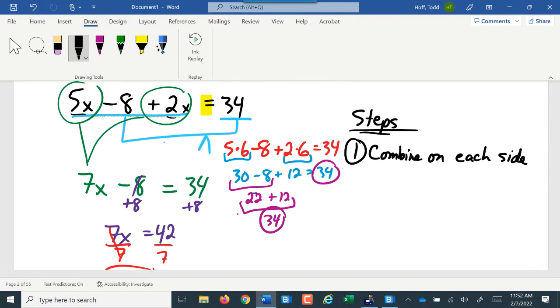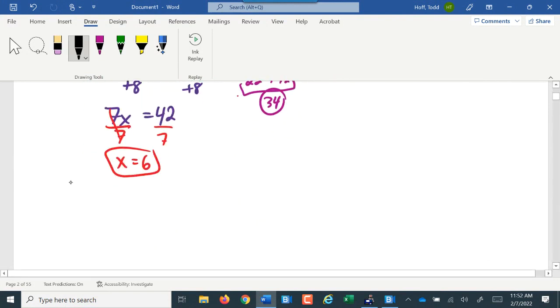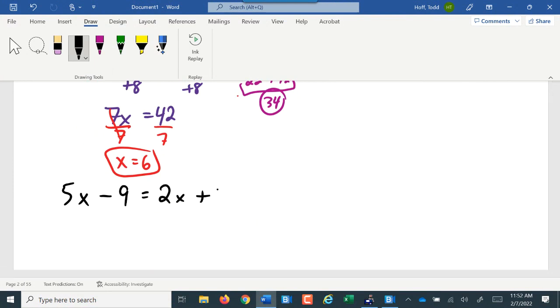Similar to that one, but slightly different, is this equation. Here we find the equal sign. Well, there it is. We look to see which side the variable's on, and we see that the variable is on both sides.